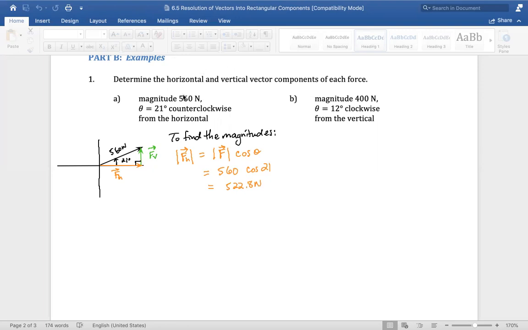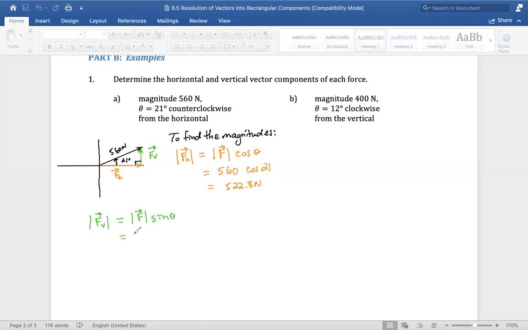And then for my vertical vector, I'll associate that with this green here. Again, write it like the absolute value of the vertical component of my F vector, the absolute value sign is indicating magnitude. To figure out the magnitude is the magnitude or force of my actual F vector multiplied by the sine of theta.